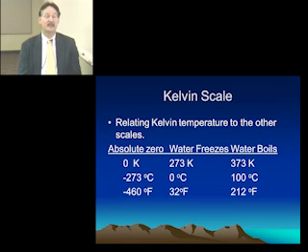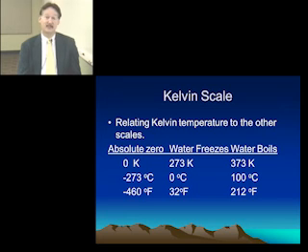And finally, you'll notice that where water boils, it's 0 to 100 on the Celsius scale. That's also 100 units on the Kelvin scale, from 273 to 373. However, on the Fahrenheit scale, as we said before, it's from 32 to 212, or 180 units.